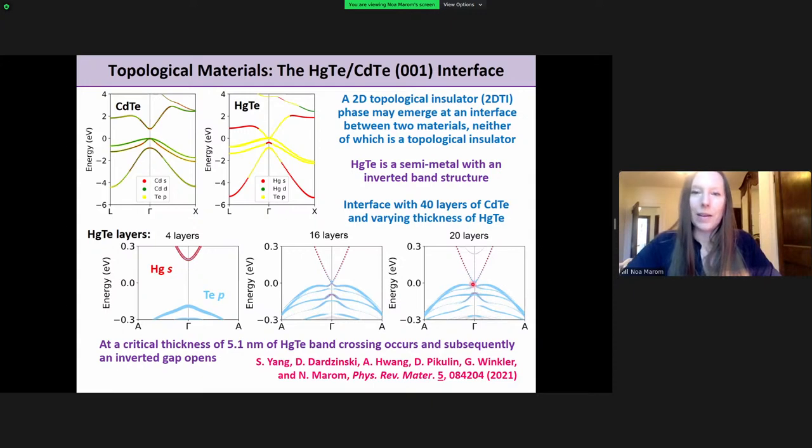And if you keep adding more and more layers of mercury telluride, eventually you'll get this bulk band structure.